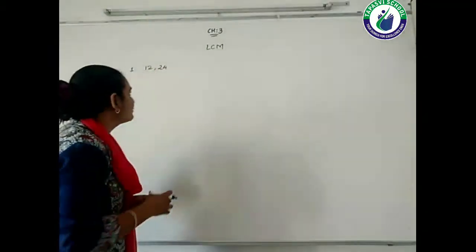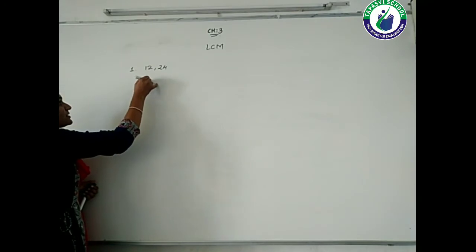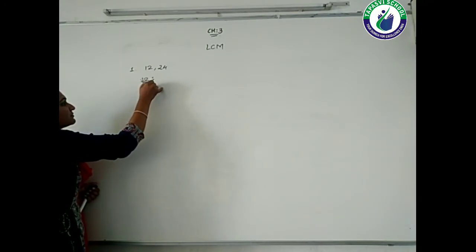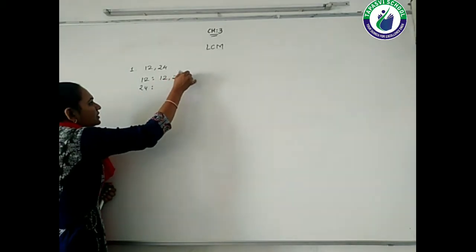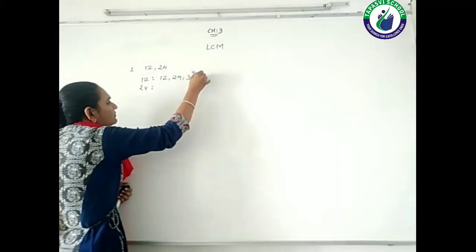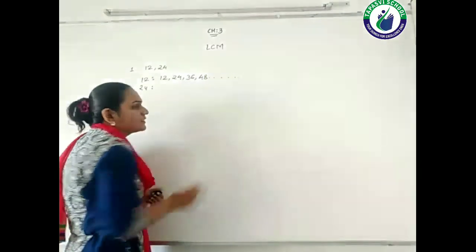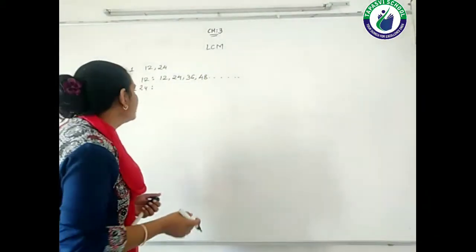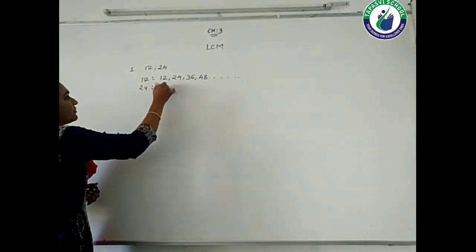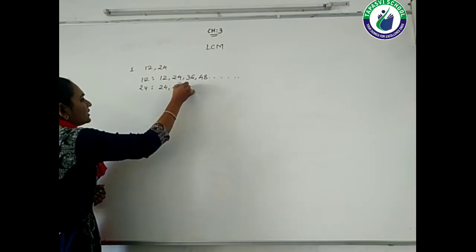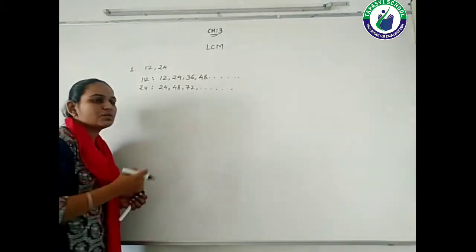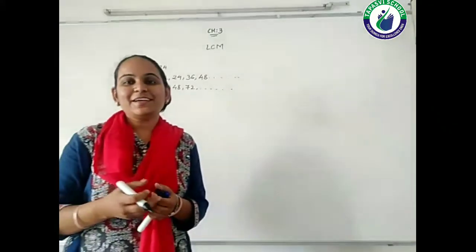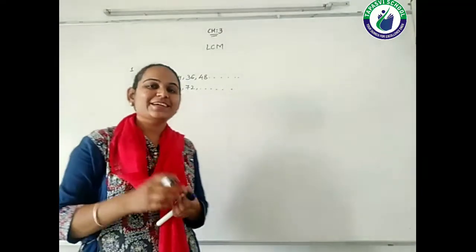So your first method is listing out the multiples. 12 ones are 12, 12 twos are 24, 12 threes are 36, 12 fours are 48, and so on. You can write it down. 24 ones are 24, 24 twos are 48, 24 threes are 72, and so on.